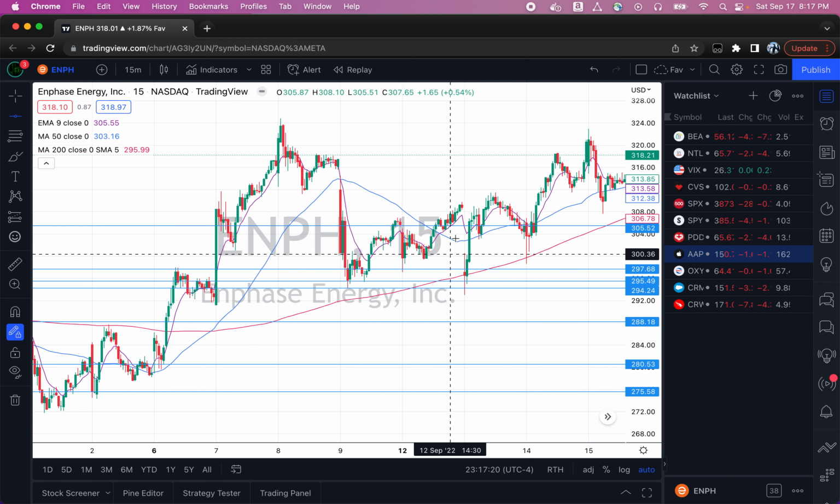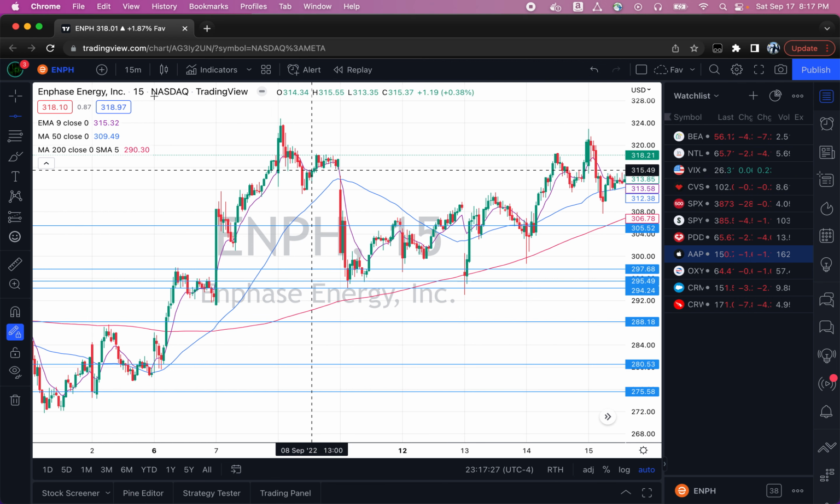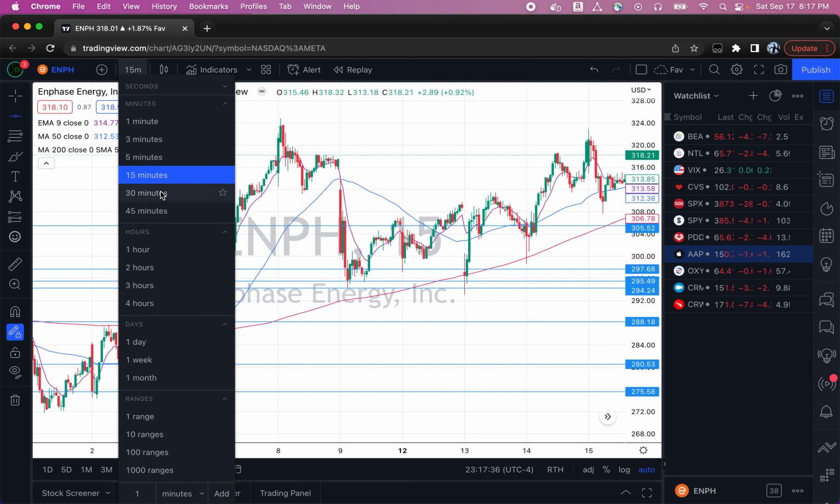Then the stop loss will take you out and the trade would go without you. So another thing to remember, if you're not good at maintaining the stop loss, then just play with a smaller size that you're okay with if it goes to zero.